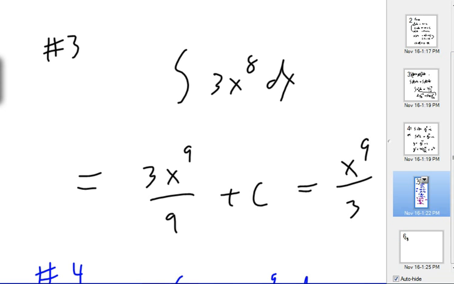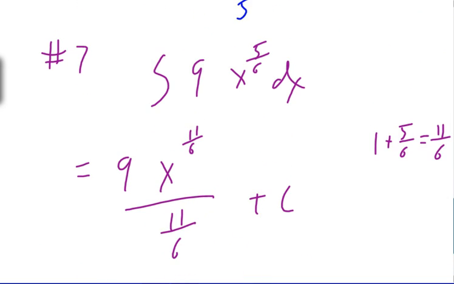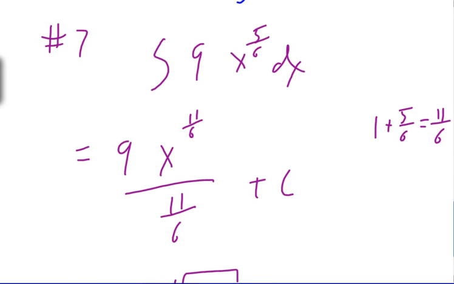Did I answer your question, William, or did I ignore you? For example, this one was 9x to the 11 over 6 divided by 11 over 6. So it would be the same as saying 9 times 6 over 11, multiplied by the reciprocal.